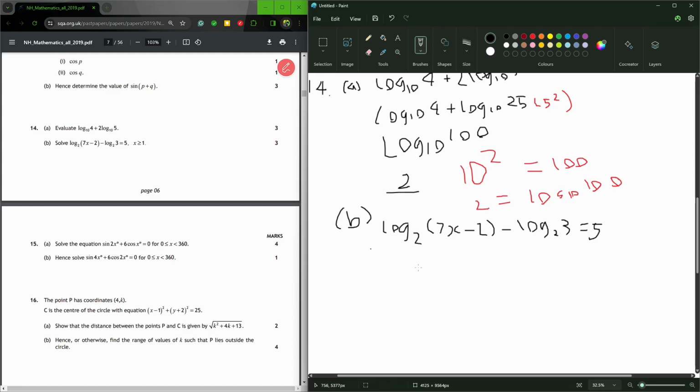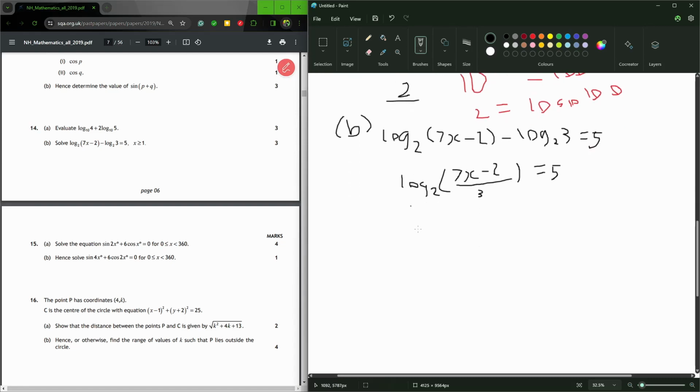We can go straight away and say log base 2 of (7x minus 2) over 3 equals 5. And then we're going to do something amazing, folks. You're not going to believe this. We're going to convert this into that.